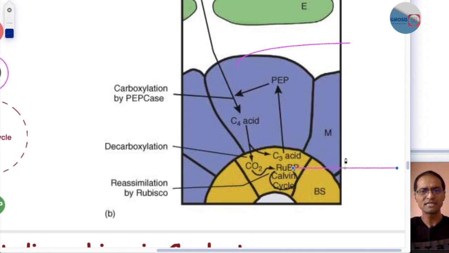In the mesophyll cells, you have the initial fixation of carbon dioxide, and in the bundle sheath cells, you have the Calvin cycle. And the carbon dioxide which is fixed in the mesophyll cell chloroplast is shuttled to the bundle sheath cells, and here the carbon dioxide is then assimilated into the Calvin cycle.